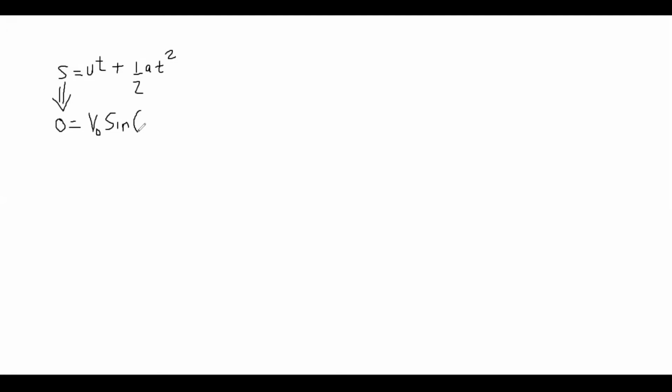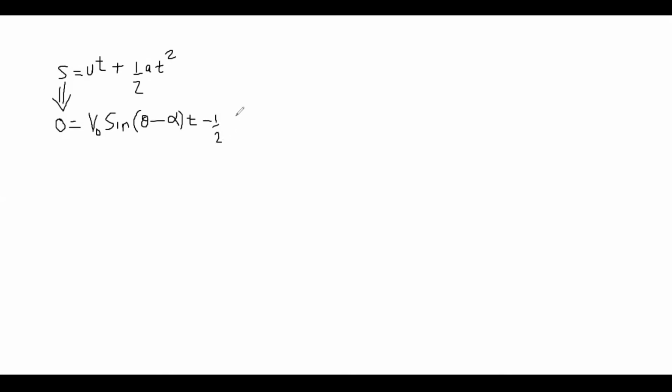If you refer to the angle of projection with the horizontal, you use theta. But if you refer to the angle of projection with the inclined plane, you use theta minus alpha. Then we multiply by t, and we subtract a half.